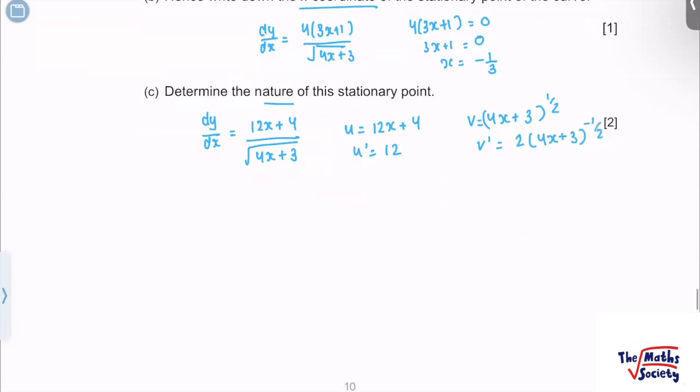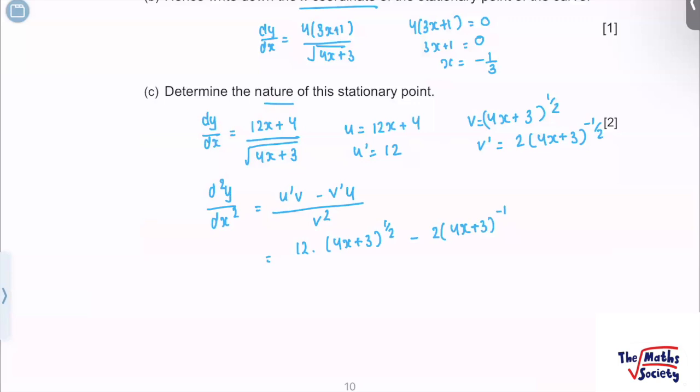And then you're going to have d squared y by dx squared. So that's (u prime v minus v prime u) by v squared. u prime 12, v is (4x plus 3) to the power half, minus v prime, 2 (4x plus 3) to the minus half, times (12x plus 4).